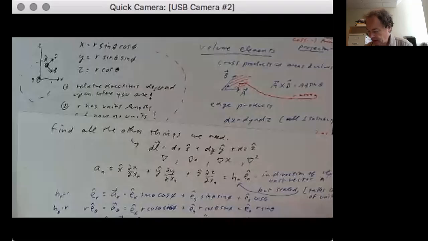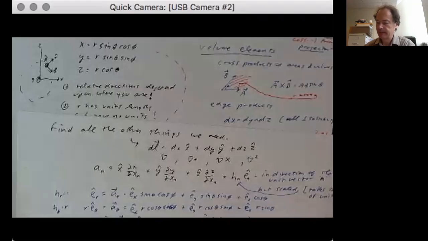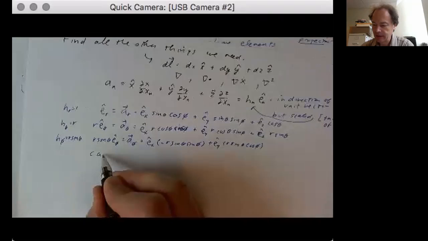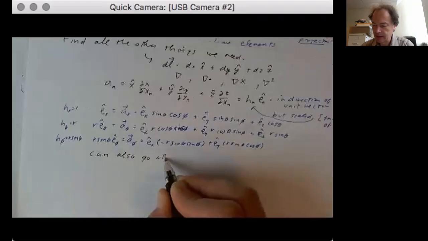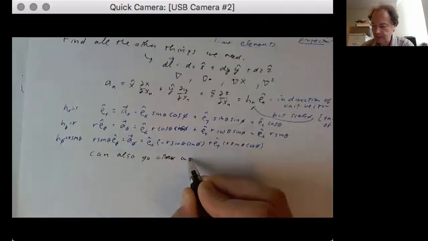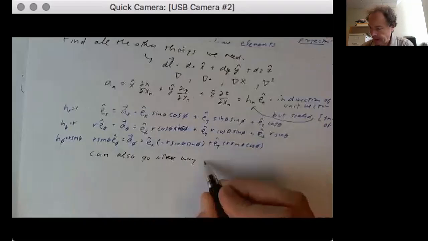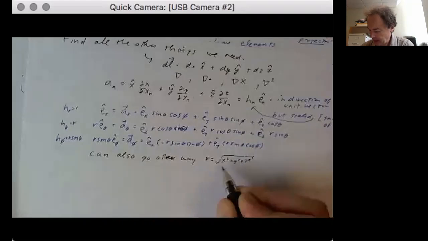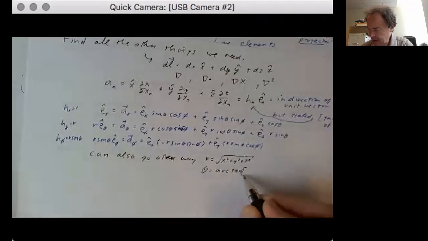Of course, you can also go the other way. You have r equal to the square root of x squared plus y squared plus z squared. Theta is equal to the arctan of the square root of x squared plus y squared divided by z.